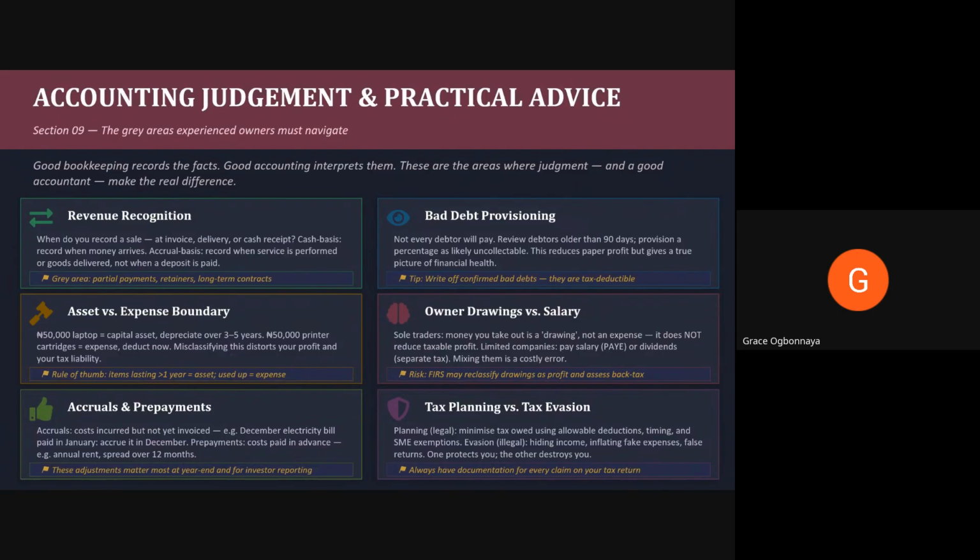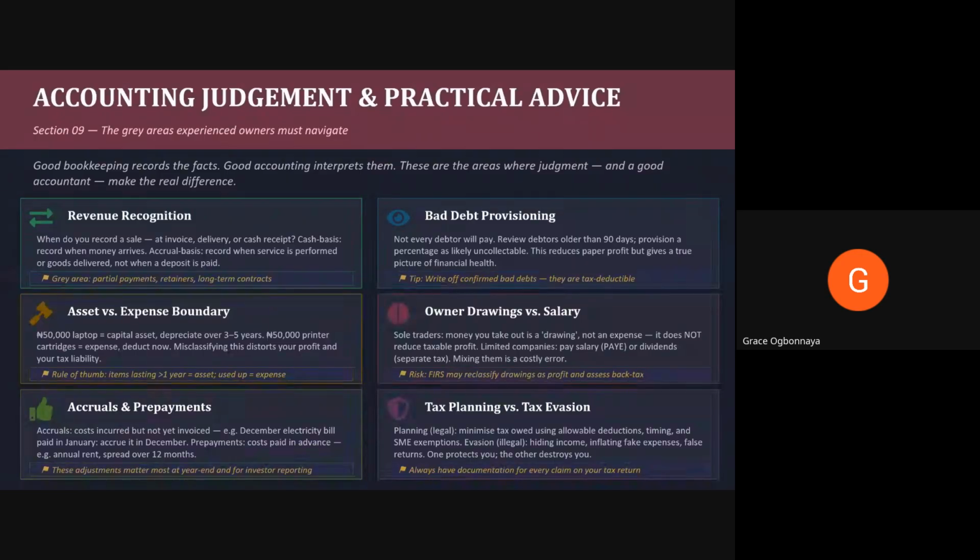Owner's drawing versus salary. For sole traders, money you take out of your business is not an expense, it is called a drawing. Money you took out of your business, whether you use it for personal stuff or for anything, as long as you took it out for yourself, is not an expense, it's a drawing. It does not reduce your taxable profits. For limited companies, pay salary or dividend.